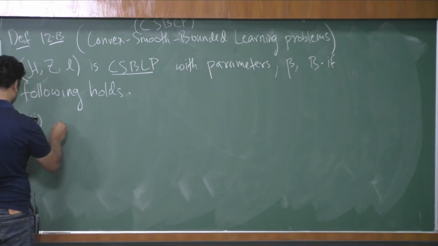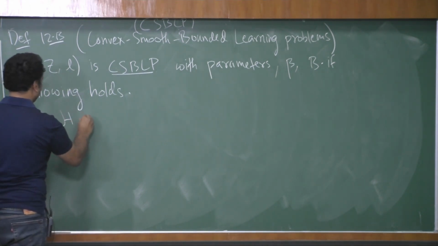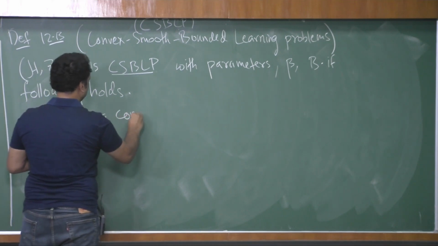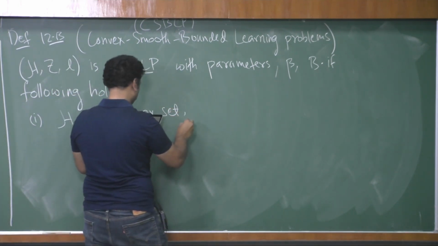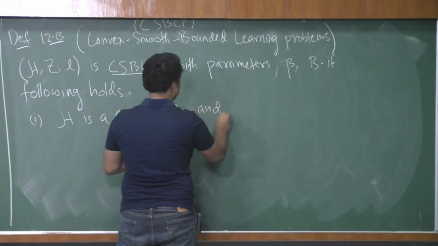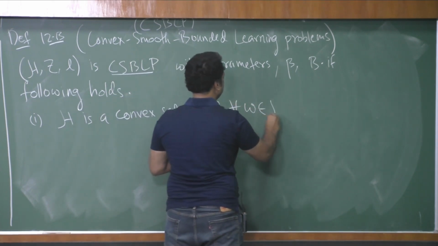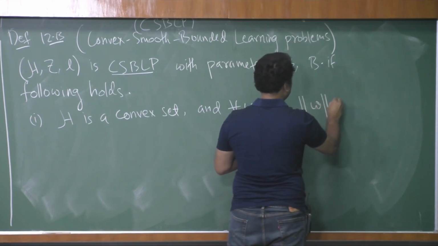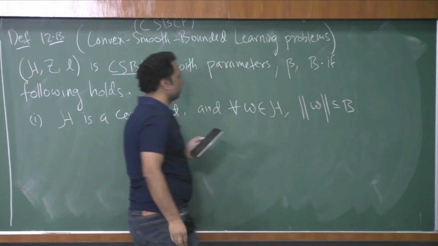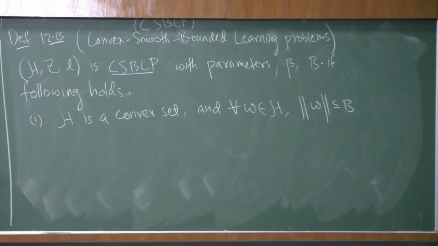So the hypothesis class H is a convex set, and for all W in the hypothesis class, the norm of W is bounded by a constant B. And the loss function is convex and beta-smooth.